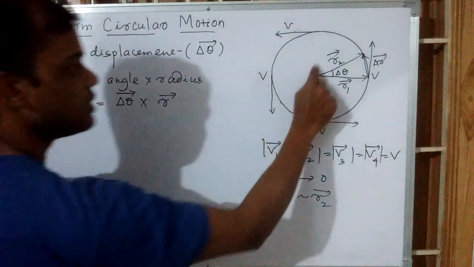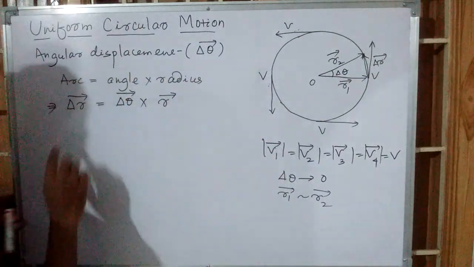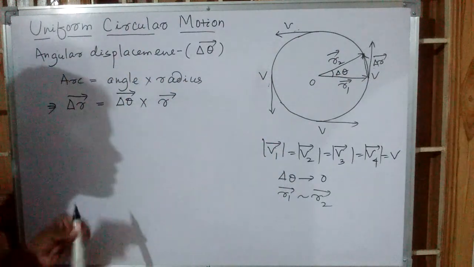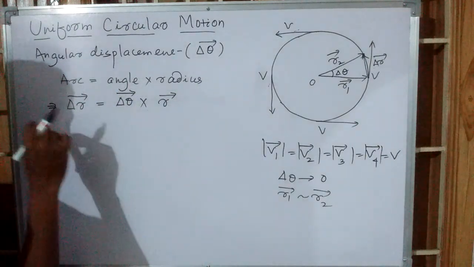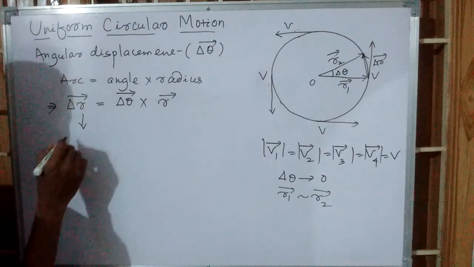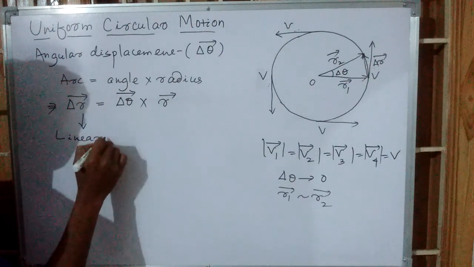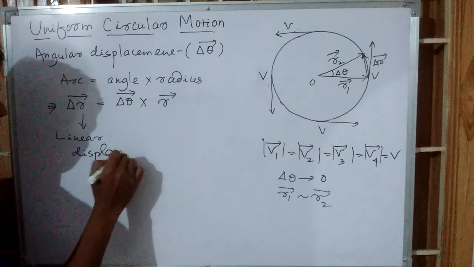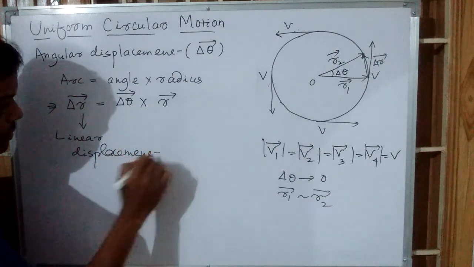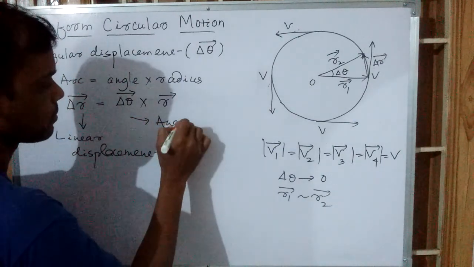Now this is the direction of del r or not? It is the same as the del r direction. That means this relationship is now complete. So this is the relationship between linear displacement and angular displacement.